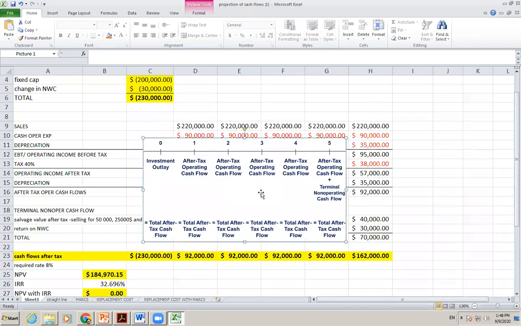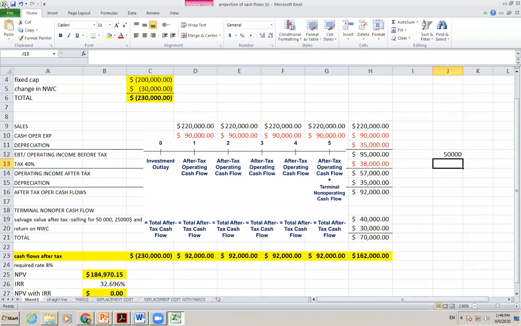Okay. So anything you sell, for example, you sell it for 50,000, and if the tax is 40%, so 50, this is not related to this example, okay? I'm just making up numbers. 50 times 0.40, so 50 minus this.